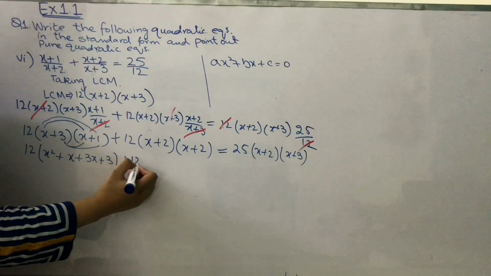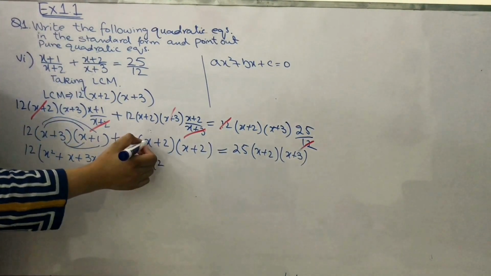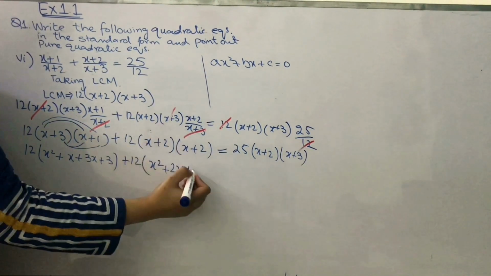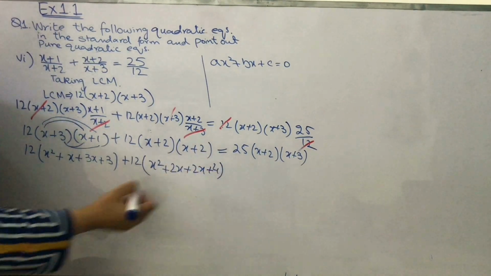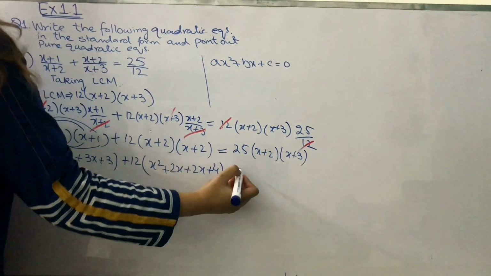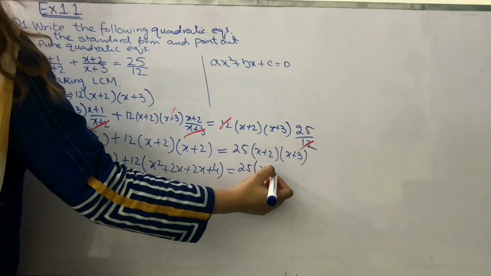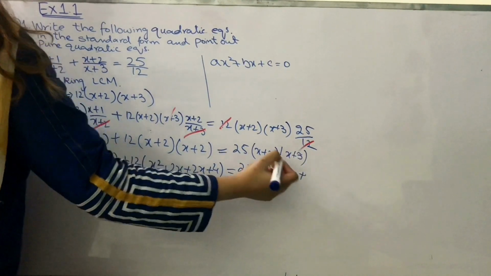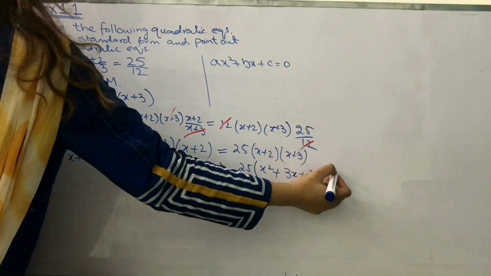Next, 12 times x into x is x square, x into 2 is 2x, plus 2 into x is 2x, plus 2 into 2 is 4. 25 times x into x is x square, plus x into 3 is 3x, plus 2 into x is 2x, and 2 into 3 is 6.